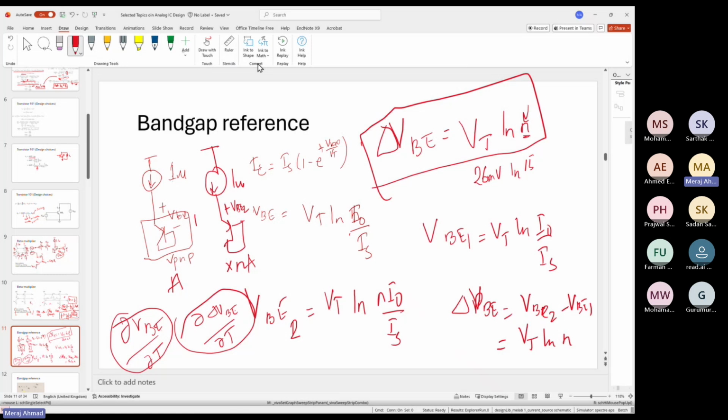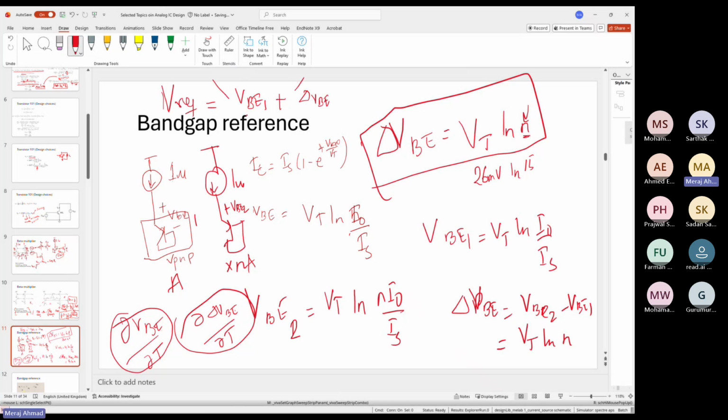What a bandgap does is, for VREF, we try to add two parameters which are complementary with temperature. So VBE1 plus delta VBE: one decreases with temperature, one increases with temperature.